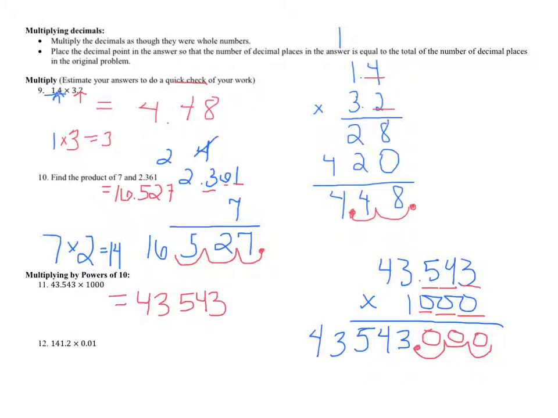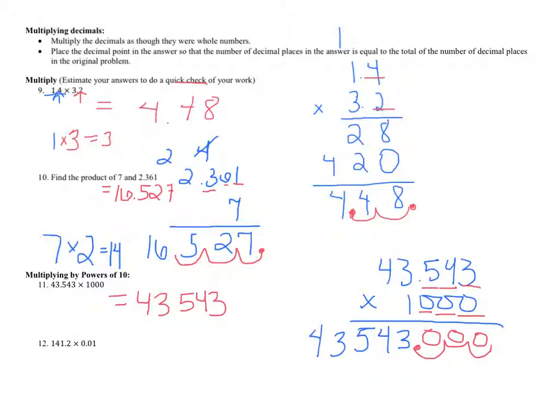Now this is perfectly fine, but notice that I have the same exact digits as the original problem, the 43 and 543 thousandths. These digits have just changed place value by multiplying through by that 1,000.